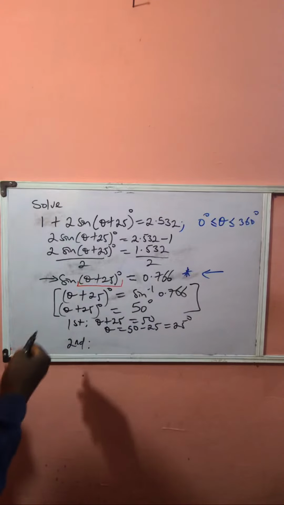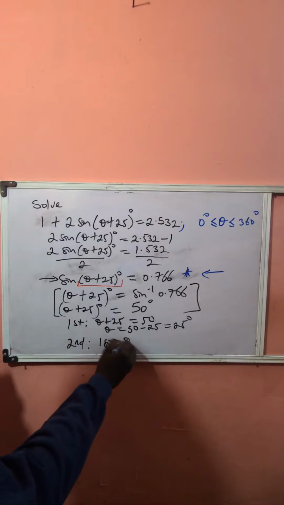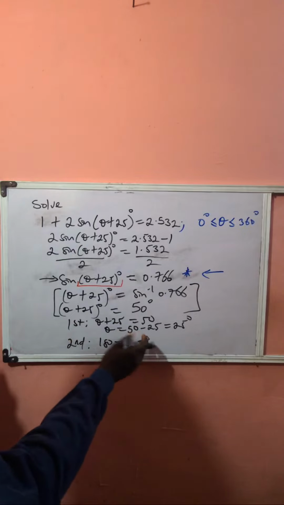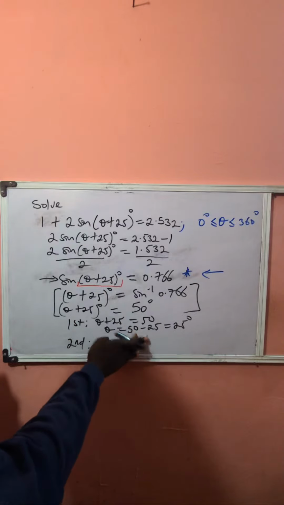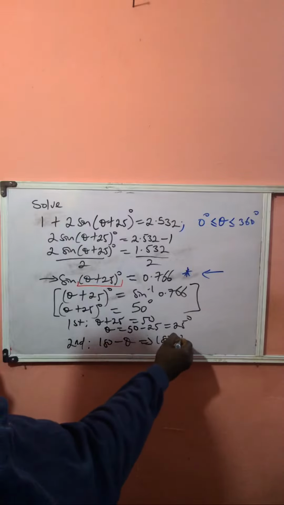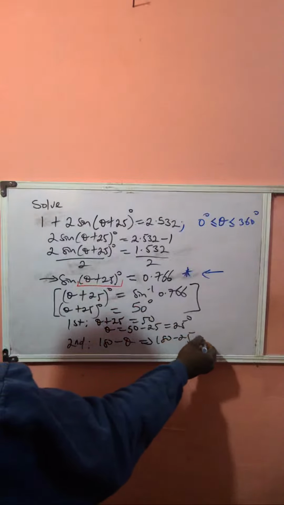The rule for the second quadrant tells us that we are dealing with 180 minus theta. That will be 180 minus 25, which is 155.